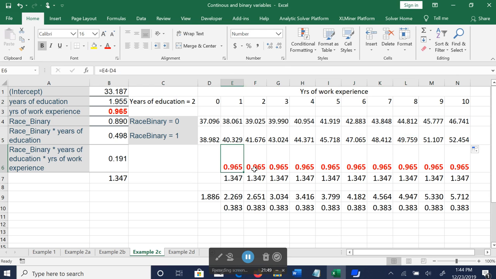And we want to see how the income changes for this racial group with 2 years of schooling if they acquire additional years of work experience. We just plug in this formula. If we want to see how income changes for this racial group coded as 1 with 2 years of education, if they gain additional years of work experience, we just plug in this formula and copy the formula over.